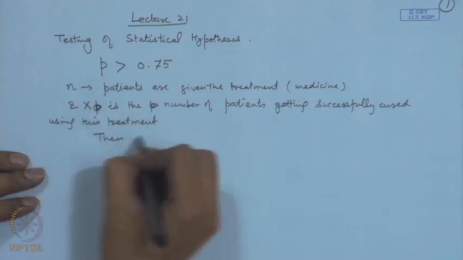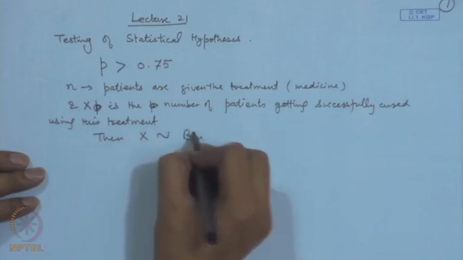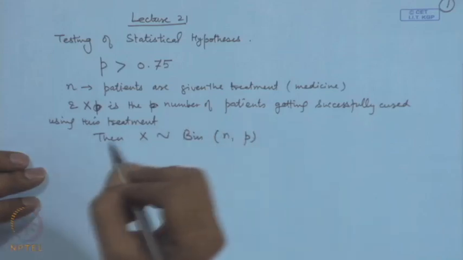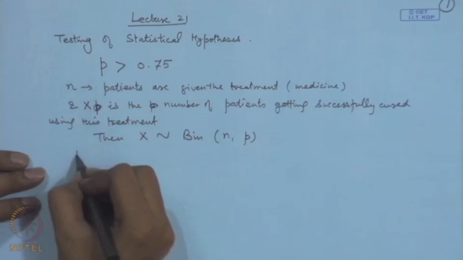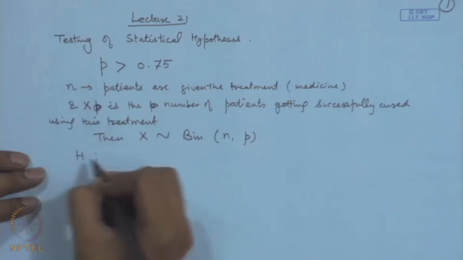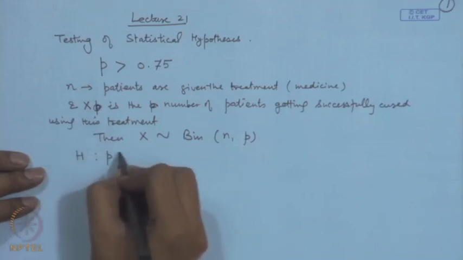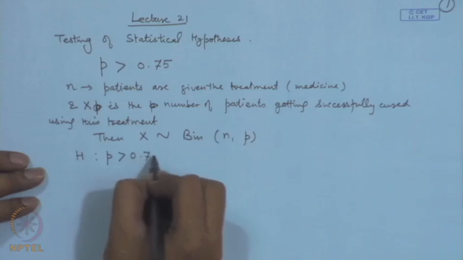Then we can say that x follows a binomial(n, p) distribution, and we want to test the hypothesis. We use the notation H for a hypothesis: p is greater than 0.75.